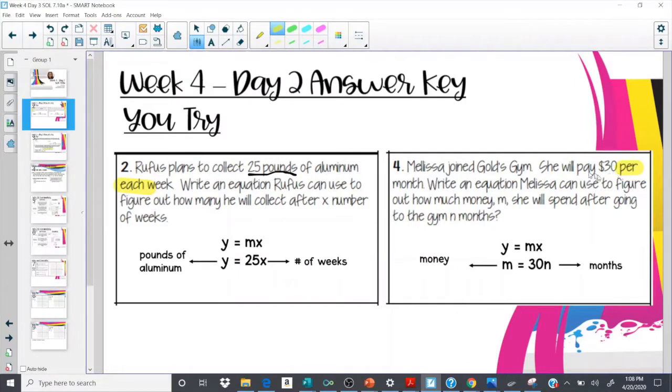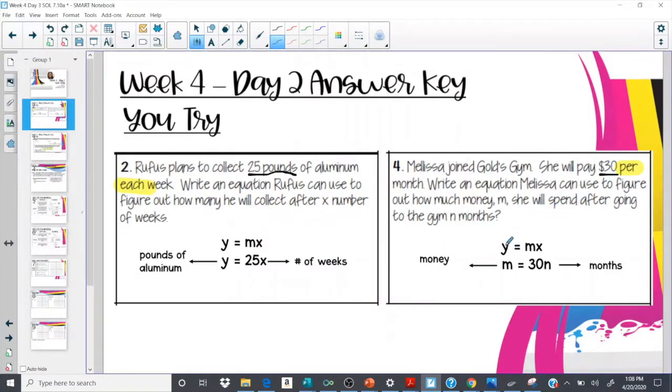Okay, so what's changing per month? She is paying $30 every month. So $30 is your actual rate of change, which means you would substitute the variable that represents slope in the equation for 30.